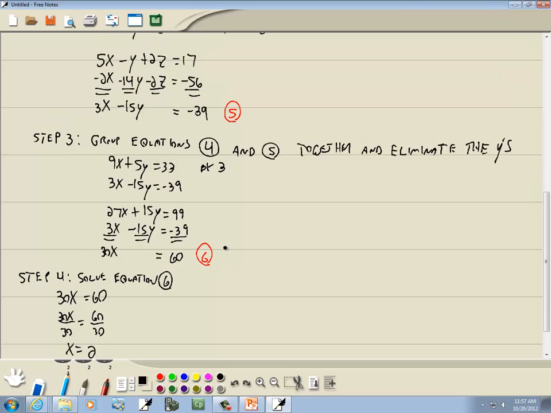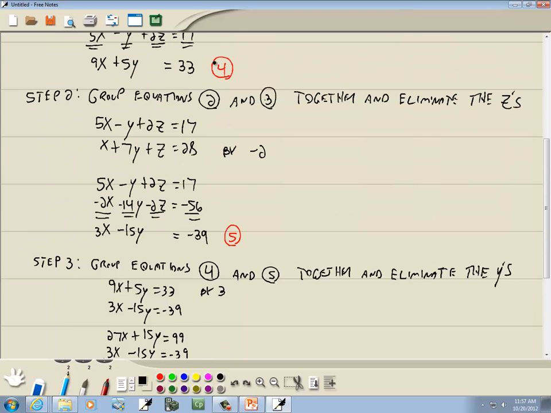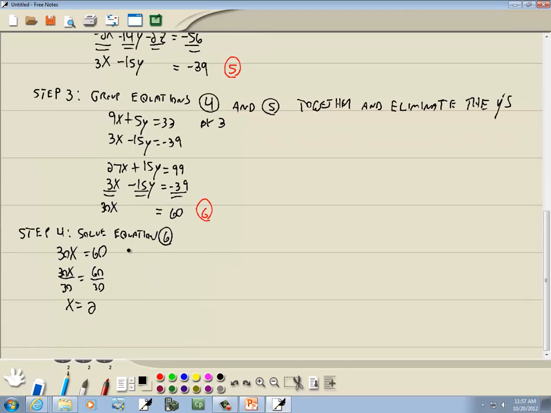Now, back here, we had equation 4 and 5. Now we're going to plug it into either 4 or 5. It doesn't matter which one you want to plug it into, and solve for y. So step 5.